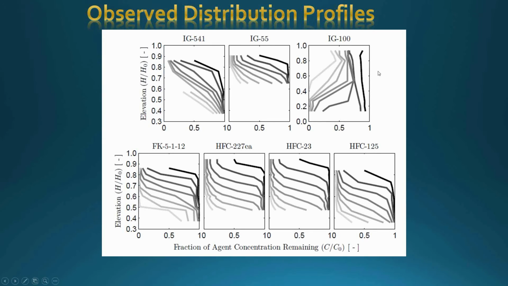This is what the interfaces look like. IG100, which is nitrogen, has no interface, no cylindrical interface at all. There are equations in there that say the agent ascends, the agent descends. Actually says the agent ascends. It actually doesn't. It descends initially, it sits in the middle and does nothing for about 4 or 5 minutes, and then it starts to ascend slightly towards the end.